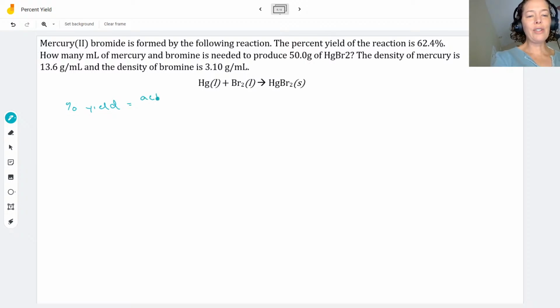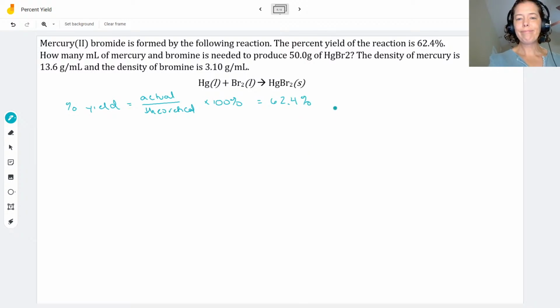This is your actual over your theoretical, times 100%. All right, so we know our percent yield. They gave it to us, 62.4%. And that equals our actual yield, which is, we want to produce 50 grams.